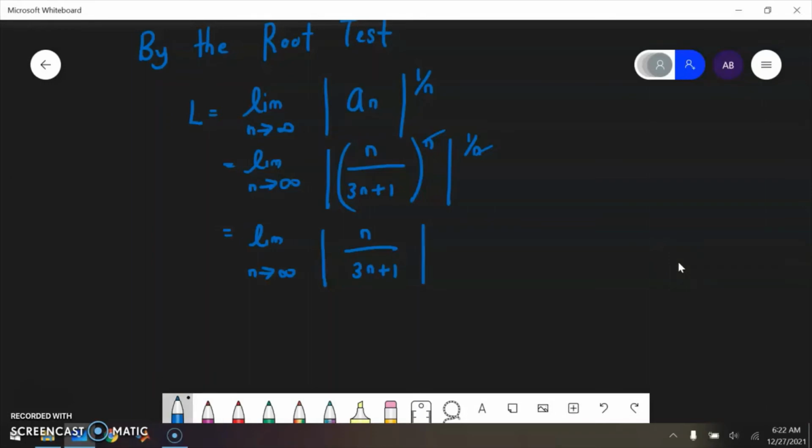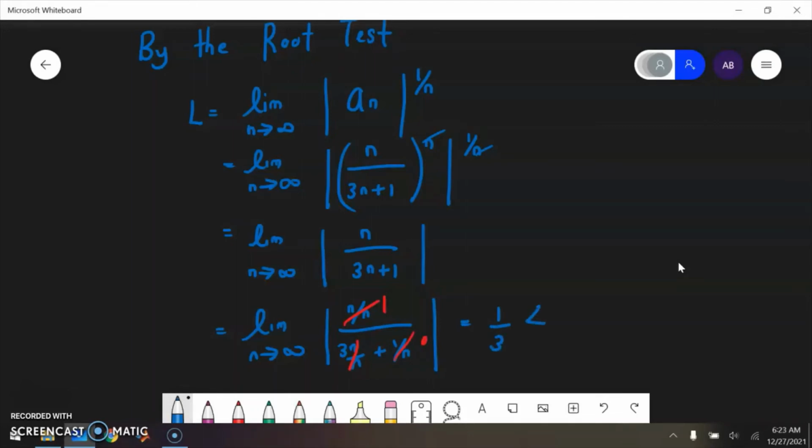So I have the limit of n over n over 3n over n plus 1 over n. That will give me 1 over 3. This term approaches 0. So L equals 1 over 3.